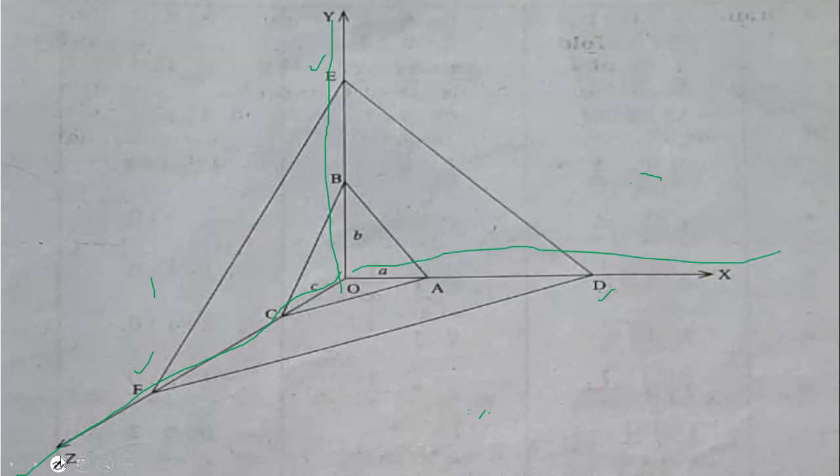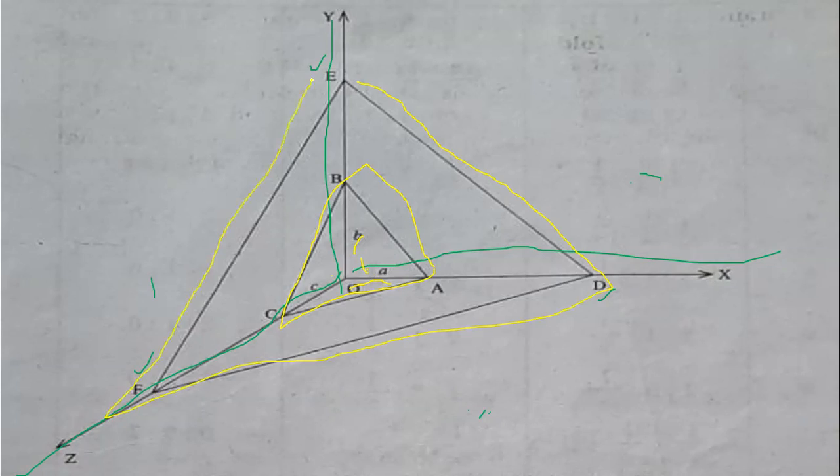Let me change the color because it is not visible. Now see, this is OA here. This is a, this is b, this is c. This is one plane, which is cutting three axes. This is another plane, DEF, which is cutting these three axes.